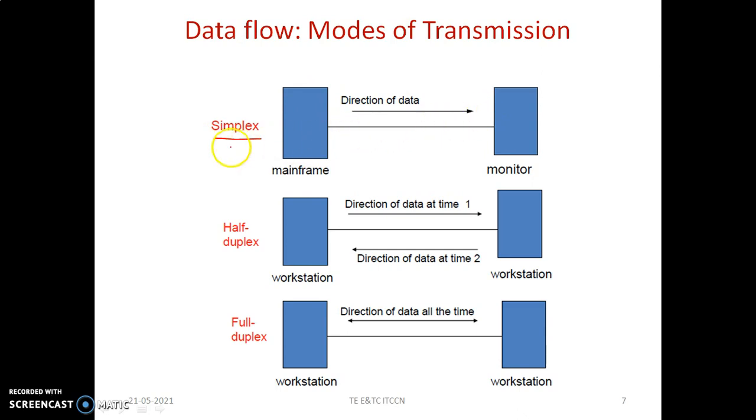A simple example of simplex communication is a keyboard, wherein using the keyboard you can just enter the data, while a monitor is a device which can only display the output. There is no provision of giving input to the monitor. So these are unidirectional. It's a one-way road. Or TV broadcasting: we can just receive the broadcast signals, we cannot send anything back. These are examples of simplex data communication, under modes of transmission.